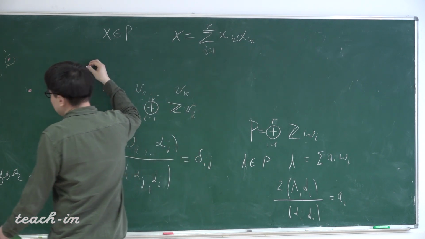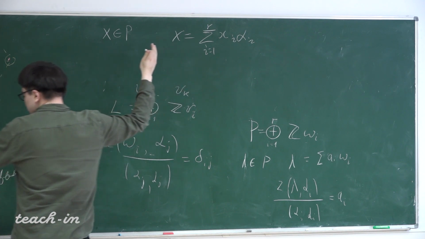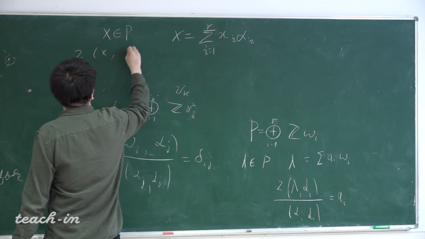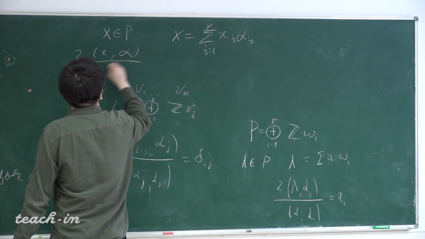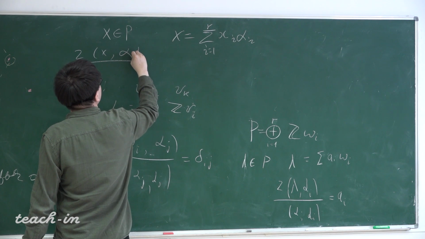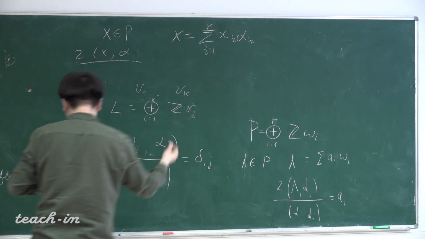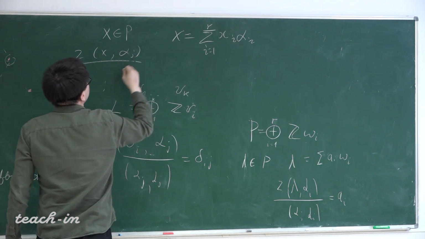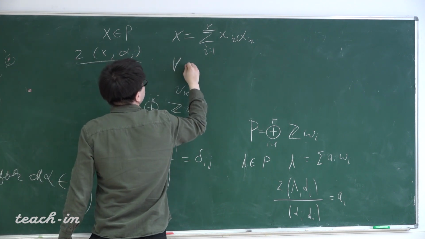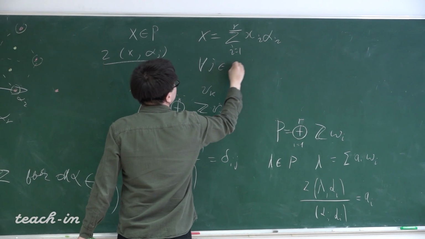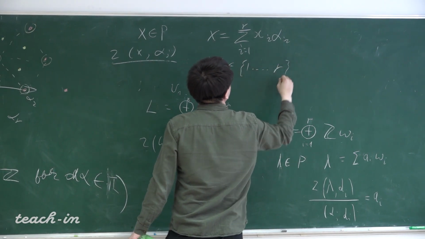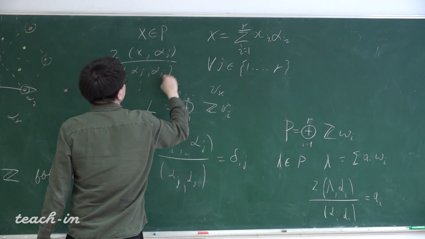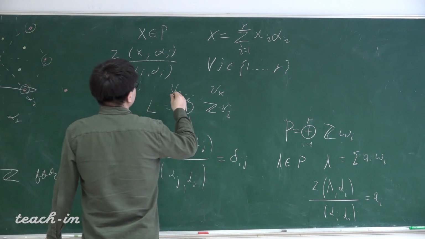Just take this formula to here, and we get 2(x, alpha_j) for any j from 1 to r. So this should be an integer.